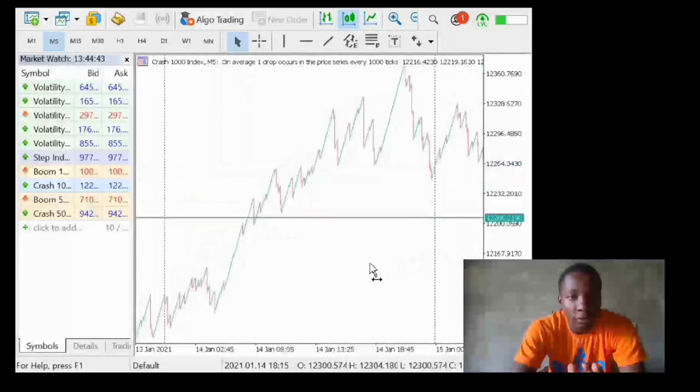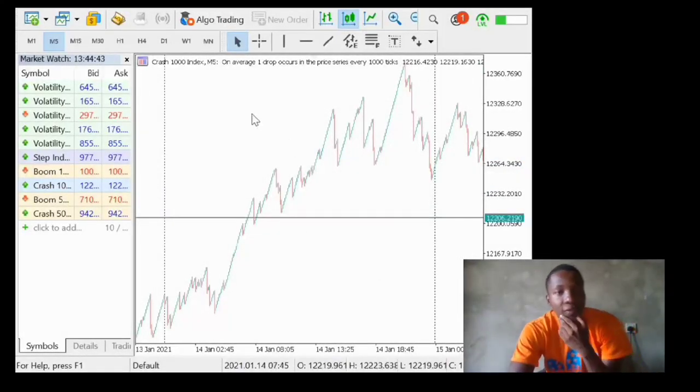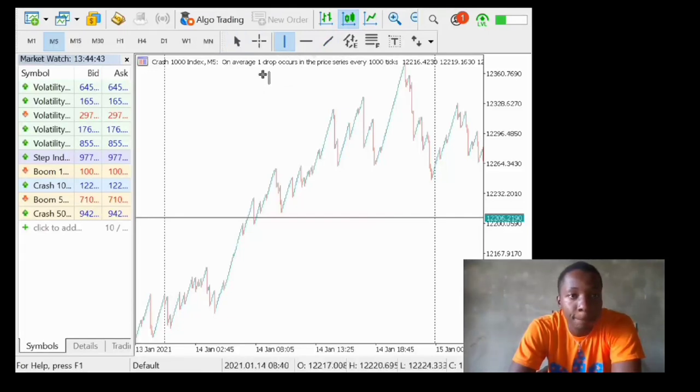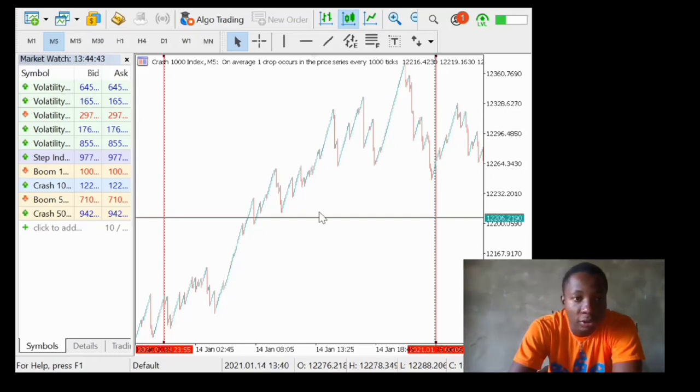Now from this point here, from this time to this time, this is a 5-minute time frame, and Crash has just gone up, so it's an uptrend.